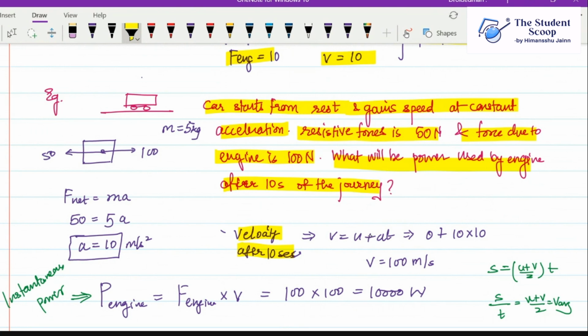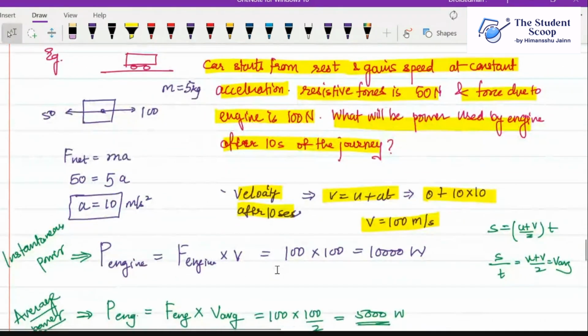In that case, v equals u plus at can be used, where the initial speed is 0 and acceleration is 10, while the time is also given, 10 seconds. So we will get our velocity to be 100 meters per second.